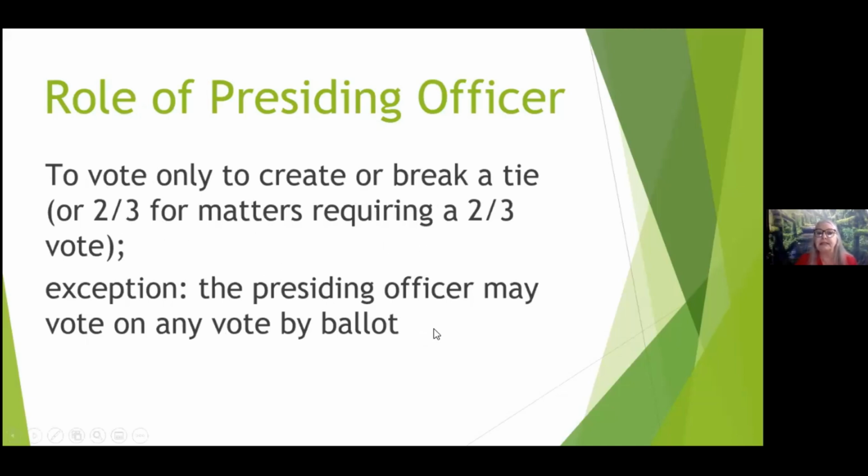The exception is they may vote on anything that's a ballot vote, which was something I was not totally aware of until I read more in depth. So if it's a ballot vote, the president gets to vote because they're not letting their vote be present on the floor. Nobody's being influenced by what that person says.